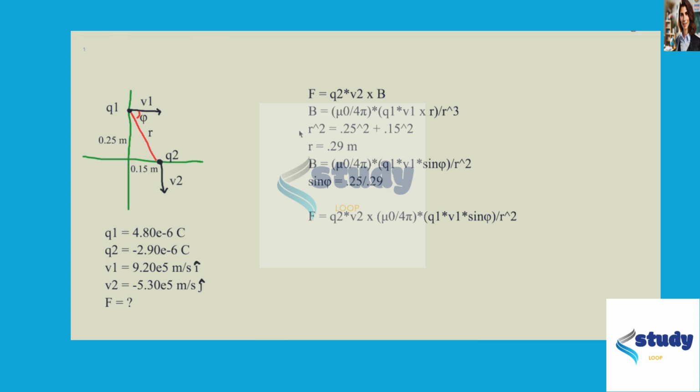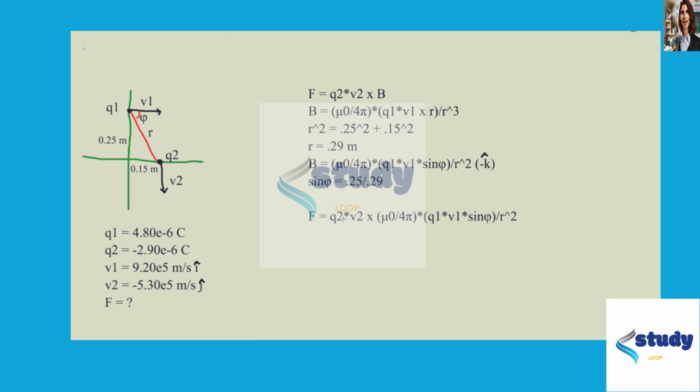So again, to find the magnetic field, we had to take the cross product of V1 and R. So if we use the right-hand rule, taking the cross product of V1 and R, which is going down, that gives us a field that's pointing into the plane. So that's the negative z direction, or the minus k hat direction. So I'm just going to put that here so that we can keep track of that. This is the minus k hat direction.